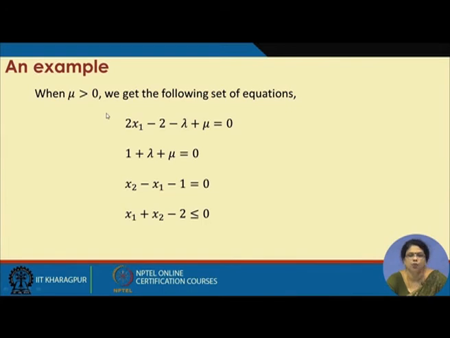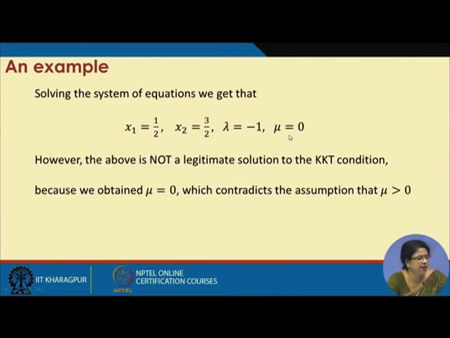From here we can have, since mu can be greater than 0, mu can be equal to 0. If we consider mu greater than 0, then these are the conditions we are getting from that. Now, if this is so, we are getting mu is equal to 0, x1 is equal to half, x2 is equal to 3 by 2 and lambda is equal to minus 1.